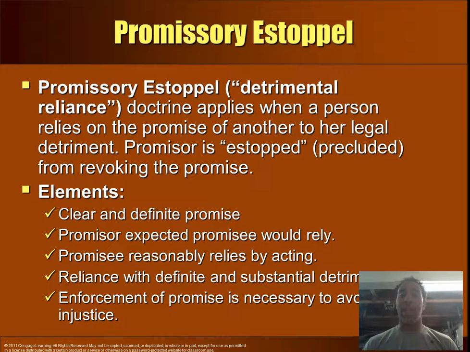Elements of promissory estoppel: a clear and definite promise; a promisor who expected the promisee would rely; the promisee reasonably relies by acting, with definite and substantial detriment, right? So there's a detriment if you don't. Enforcement of the promise is necessary to avoid injustice.